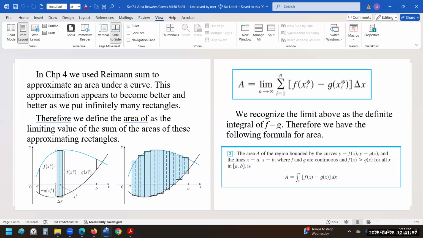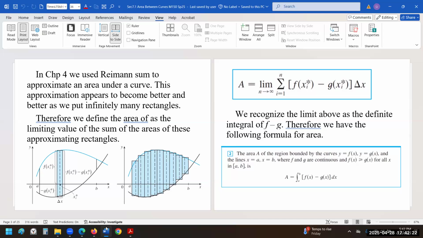So that's how we connect the area between two curves with the antiderivative. In order to get the area, we can use many rectangles and take the limit, or you can simply take the antiderivative and then you get the limit of the area. Any questions so far?